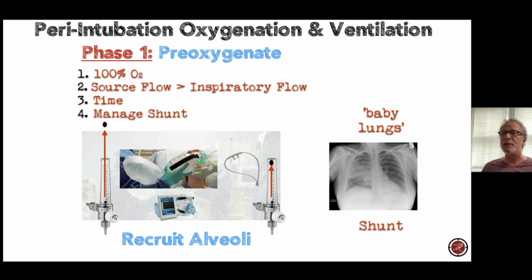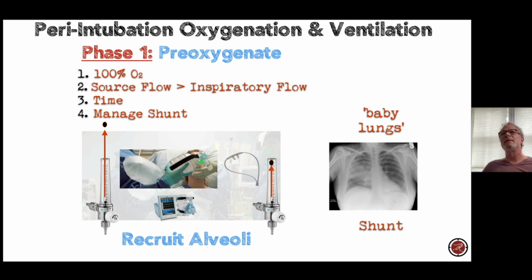Your homemade version is just your BVM with a PEEP valve, a pressure manometer, and other gear, with nasal prongs on it and flows that we'll talk about in a minute. You've got essentially a machine to let them breathe spontaneously with a good seal, look at their waveform, and you're giving them CPAP. You can give additional breaths with your BVM.